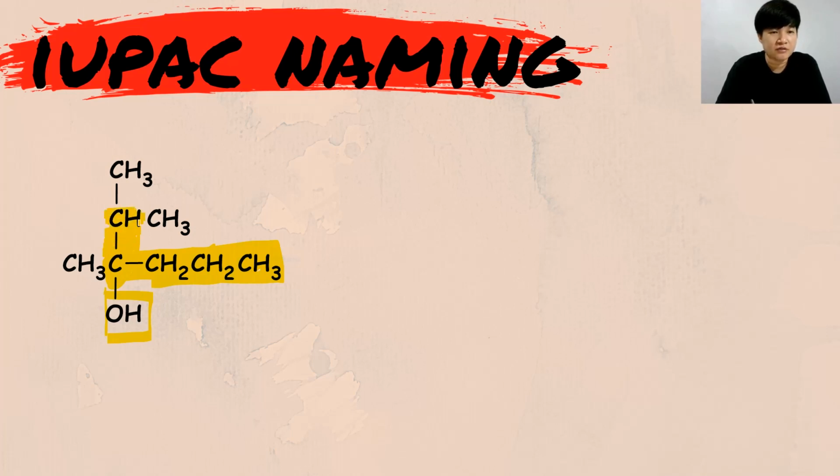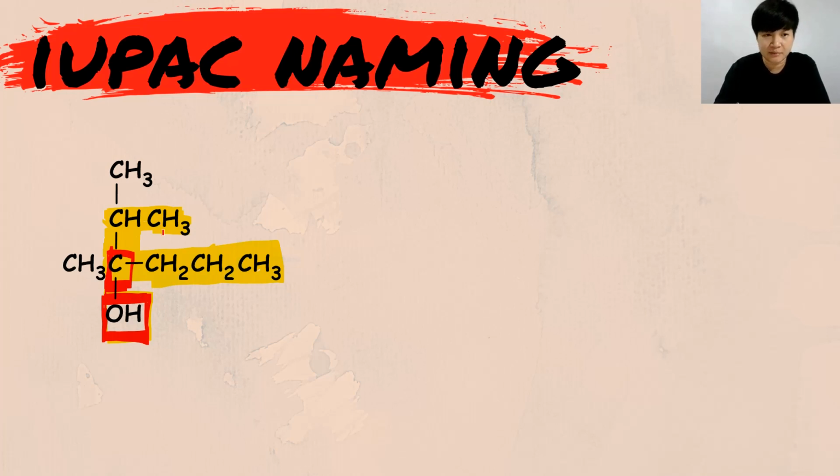And then move until you reach the last carbon. Alright? So over here, moving to the top or moving to the right is actually the same, up to you, because they give rise to the same number of carbon. And as always, this carbon deserves to have the lowest possible number because of this OH group. So the OH group and the carbon must deserve to have the lowest number.